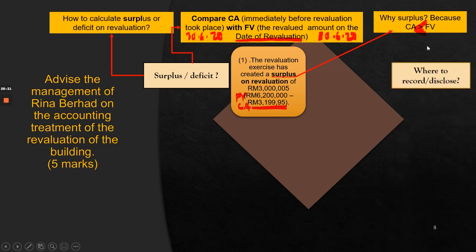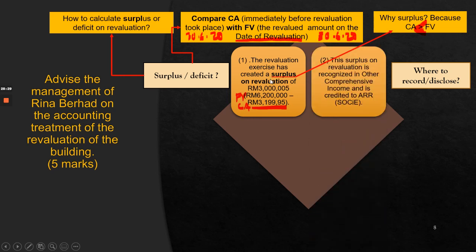The issue is you are asked to advise the accounting treatment. So the first advice would be that the revaluation exercise has created a surplus, right? You can also do the working by comparing fair value with the carrying amount. Here, fair value is greater than carrying amount.